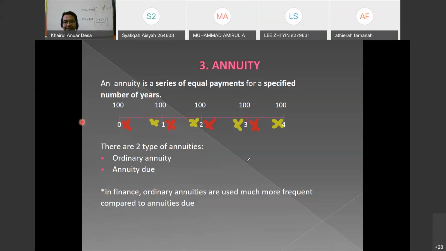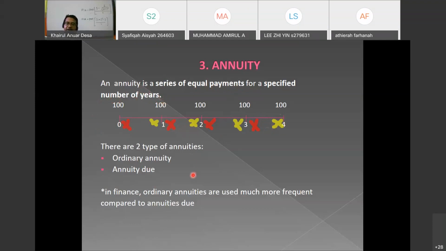Can you see the diagram or the timeline here? So you boleh nampak, this is what we call annuity due. So what is the annuity? Annuity is a series of equal payments for a specified number of years.